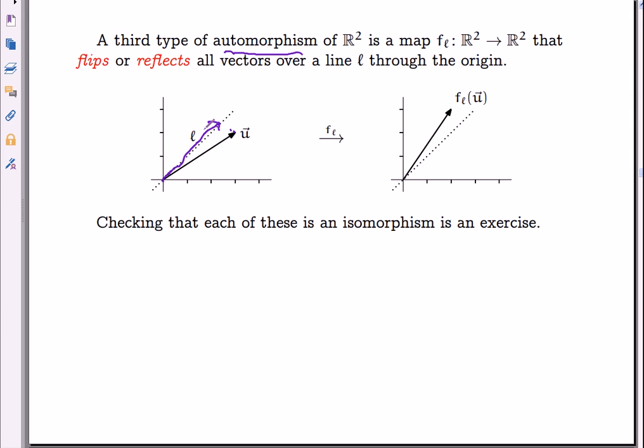And again, if I took some vector down here, its mirror image reflection would be up here. Again, you can check that this automorphism is in fact an isomorphism.